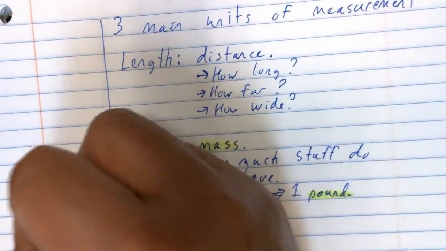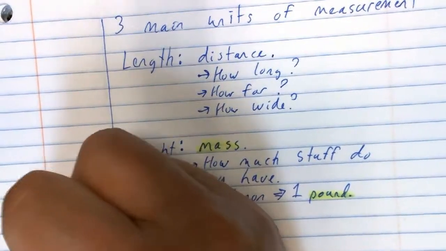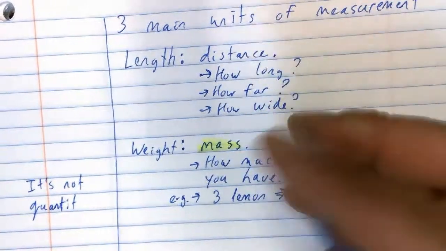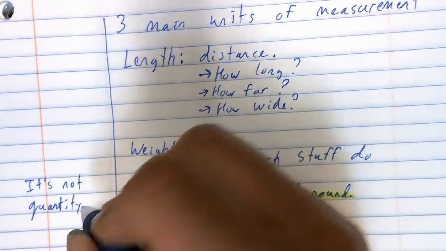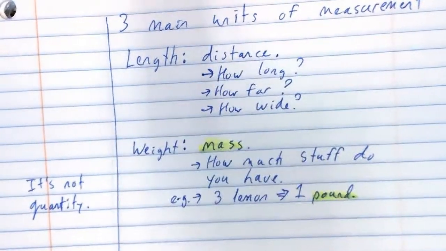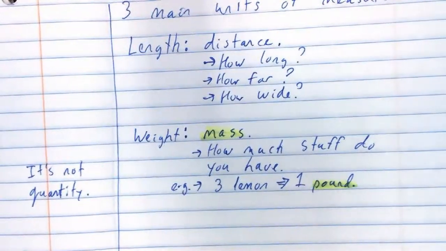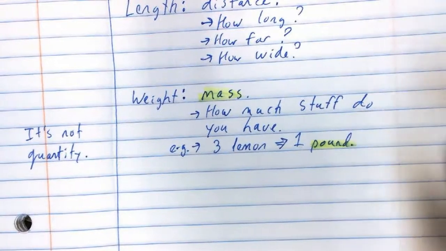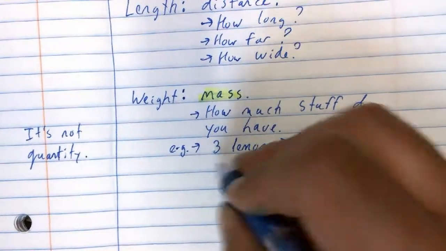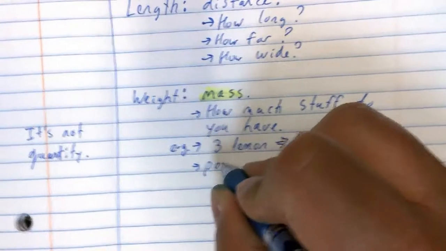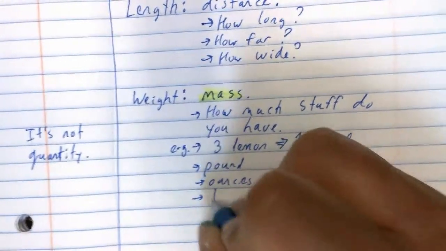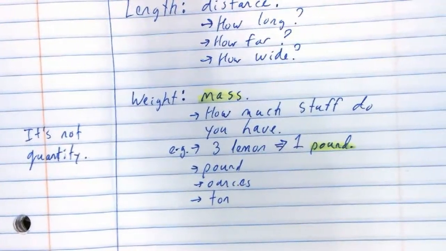It's not quantity when you're talking about mass, when you're talking about weight. Hope that makes sense. But again, how much stuff do you have? 1 pound. Usually we use the words pound, ounces, ton, and so forth.